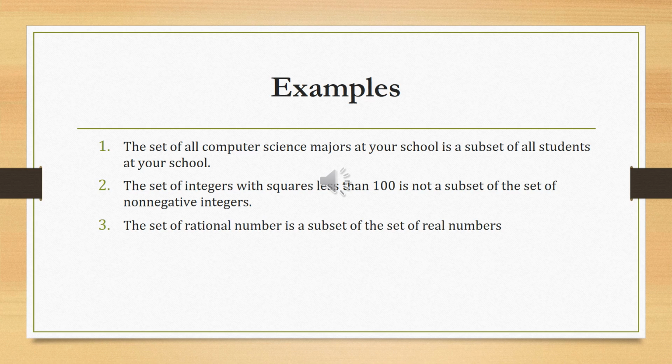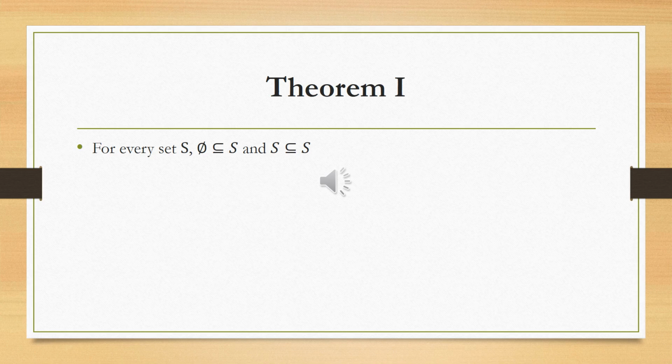The set of rational numbers is a subset of the set of real numbers. Theorem 1. For every set S, the empty set is a subset of S, and S is a subset of itself.